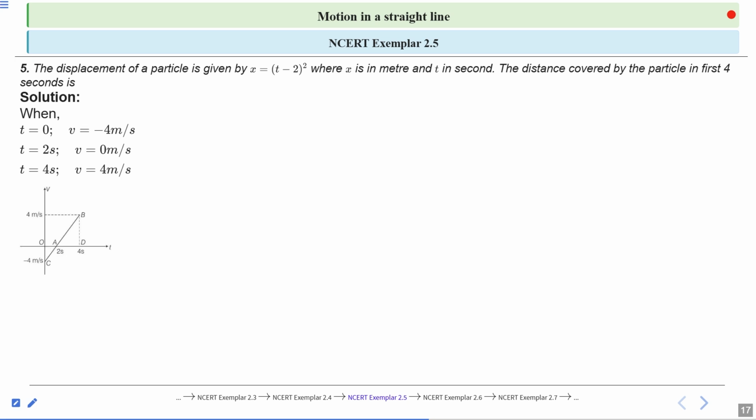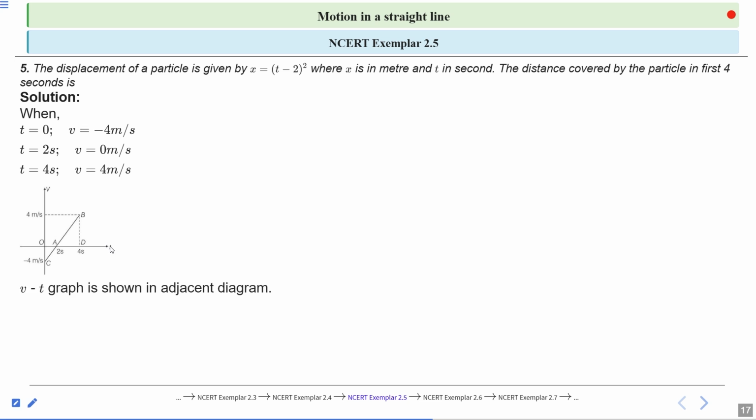At t = 4 seconds, at point D, velocity is 4 meter per second at point B. Here we draw a line AB crossing the horizontal axis.